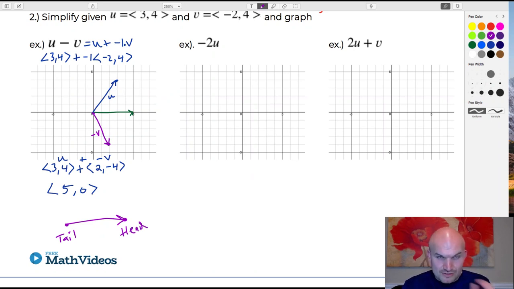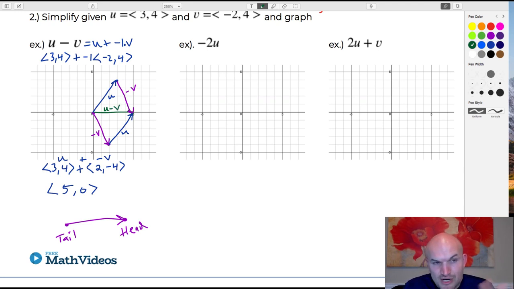To see geometrically how this is happening, you can take the tail of one of your vectors and add it to the head of the other vector. We don't need to do this for both vectors to get the parallelogram, so I'm only going to do this once from now on. But you can see here that's how we identify our resultant vector, u minus v.